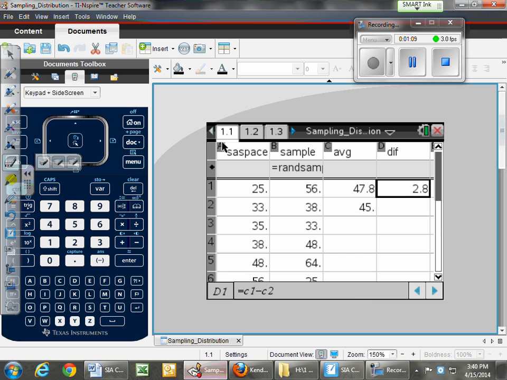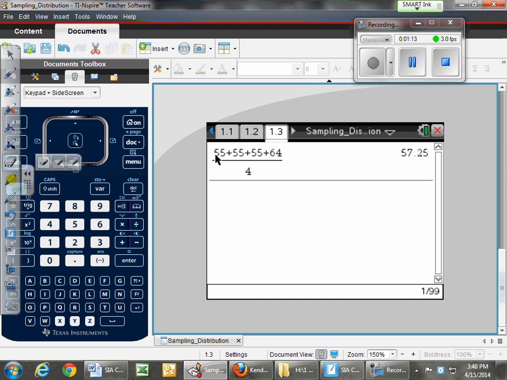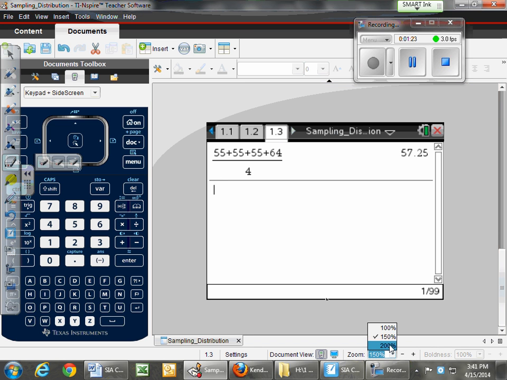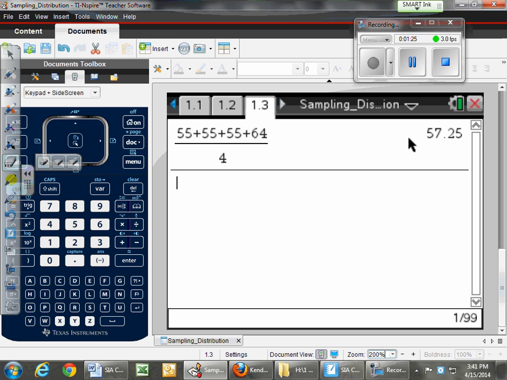And that simply would be requiring you to go through and say they laid off a 55-year-old, a 55-year-old, three 55-year-olds, and a 64-year-old. And that gives you an average of 57.25. So they did the observation or the exploration piece of that for you already.